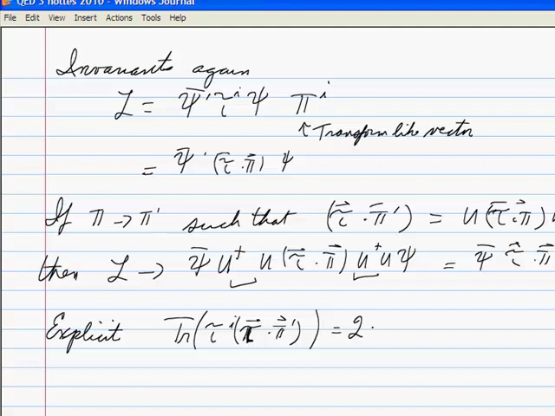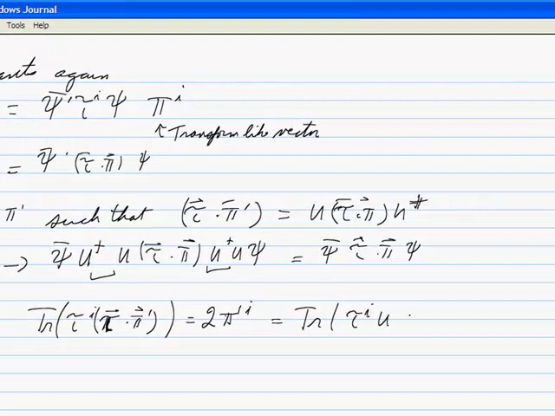That's 2 pi prime i, because the trace picks out the tau that's tau i. And over on the other side we have the trace of tau i, U, tau j, U dagger, pi j.